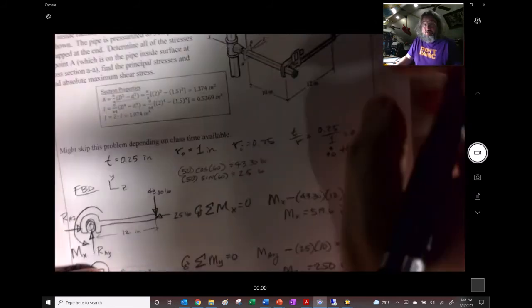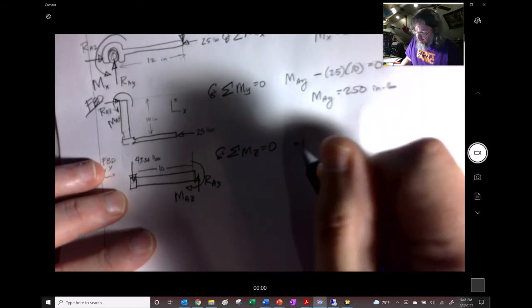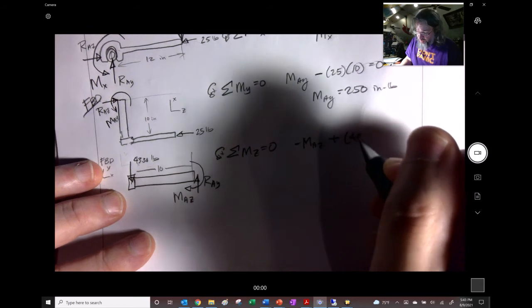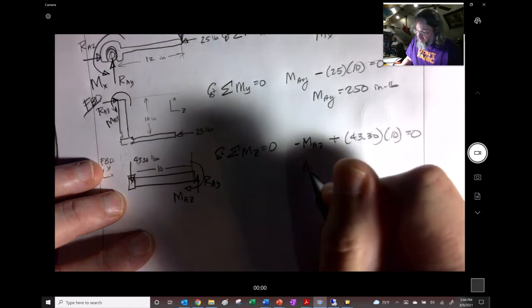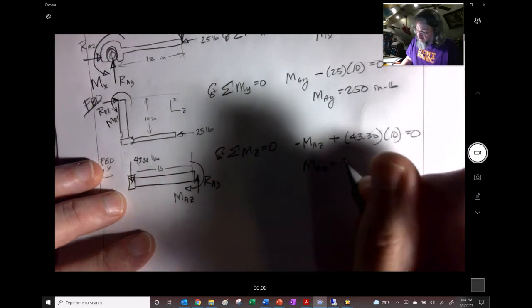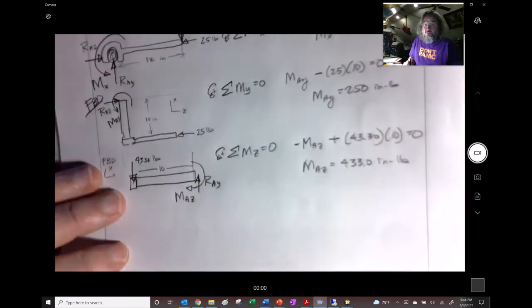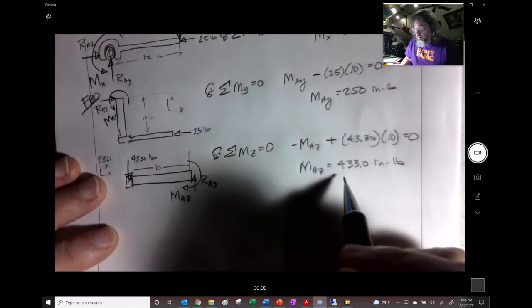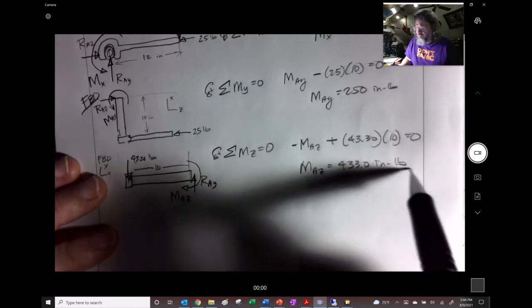Yes, 10 inches. So negative MAZ plus 43.30 times 10 equals 0. So MAZ is equal to 433.0 inch-pounds. But just be aware.